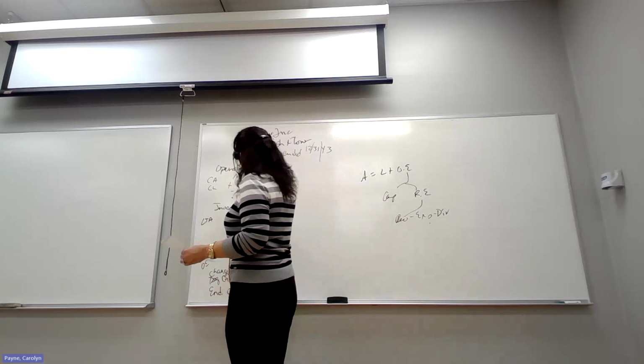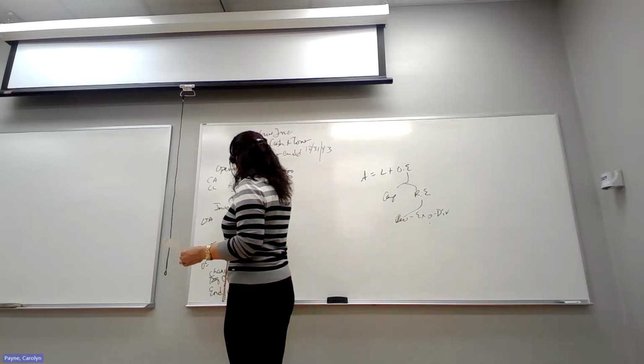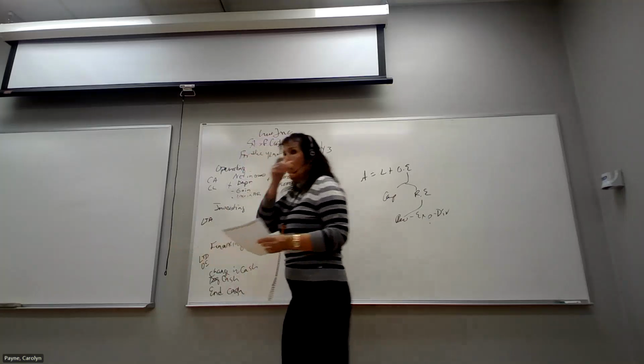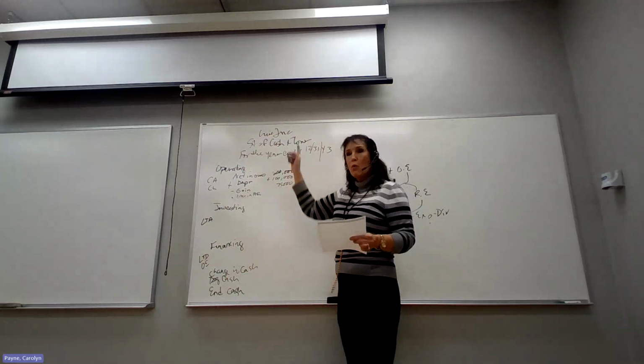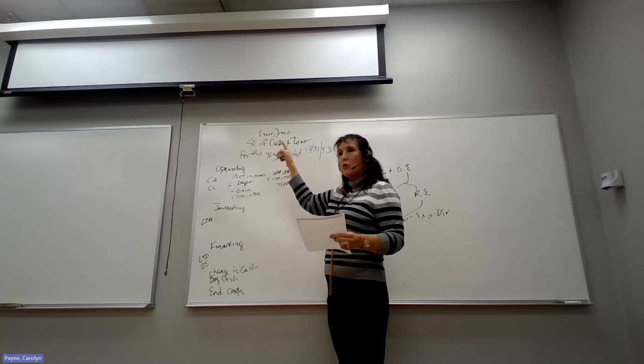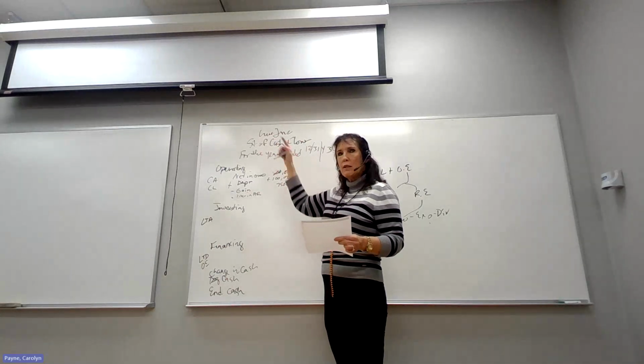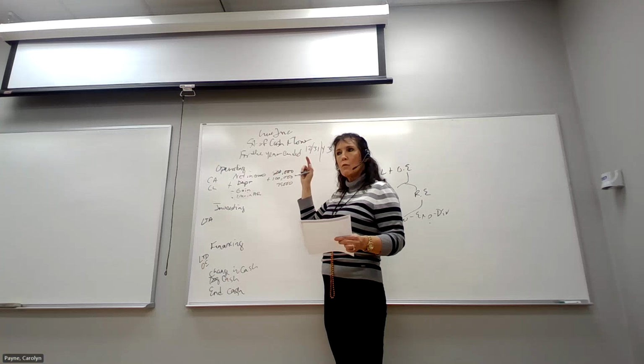So we're going to say increase in accounts receivable. So if accounts receivable went up, is that a source of cash or use of cash? Does that mean we collected more than we sold, or we sold more than we collected?